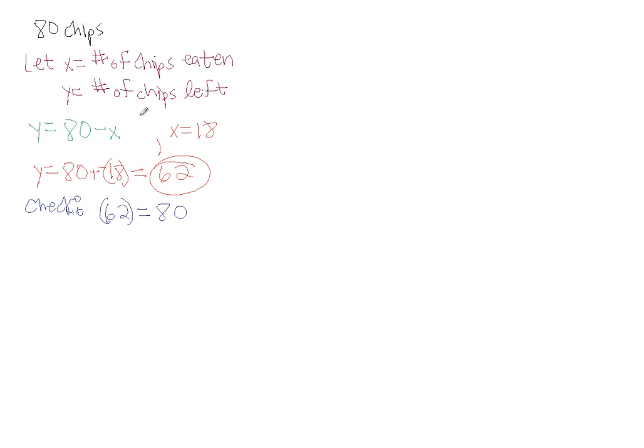Well, x in this case is 18, so 80 minus 18. And if this holds up, then that means our answer is correct. So we have 62 over here equals 80 minus x is 62. 62 equals 62, that's a true statement, so our answer is correct.